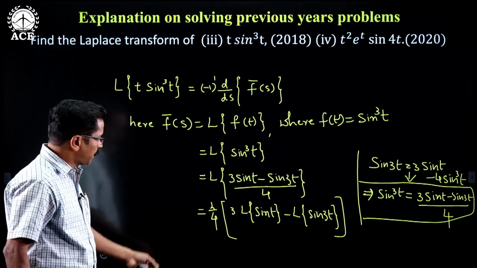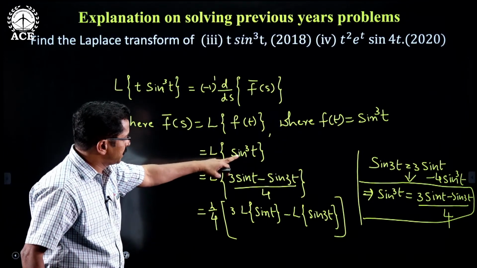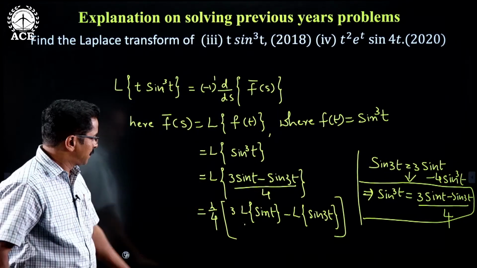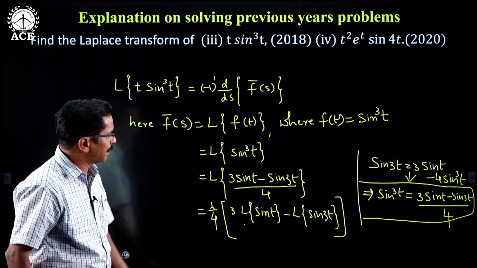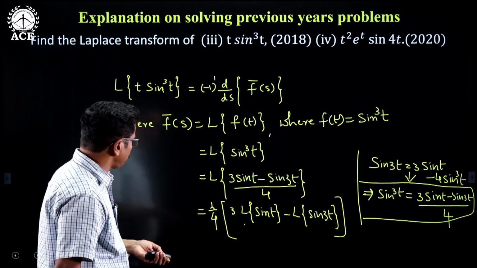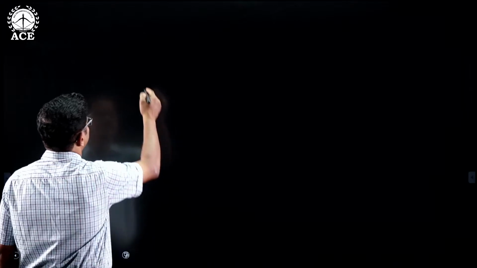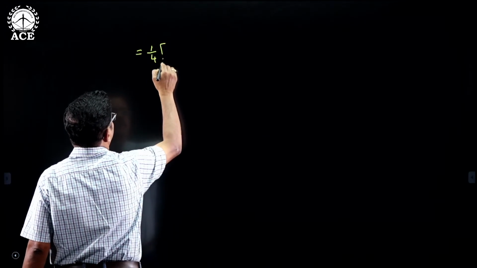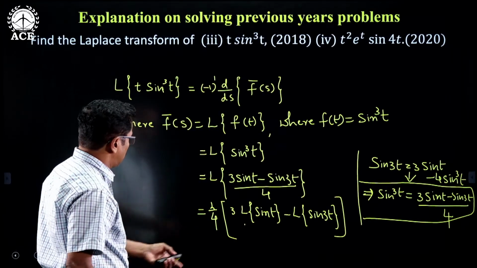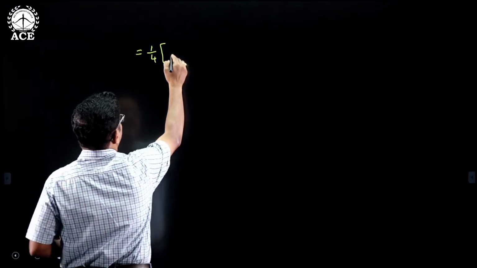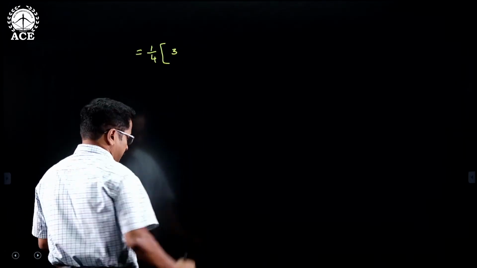Now I converted this sin cube t into elementary form. Now you apply the standard formulas and find the Laplace transform for these, which equals 1 by 4 into 3 into L of sin t.